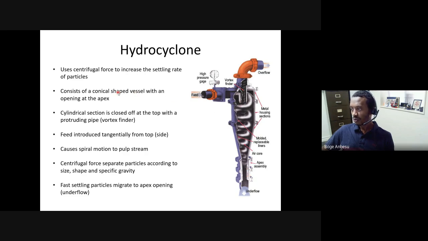Because you are also feeding this continuously, you would have solids exiting in the underflow stream here. So underflow usually contains coarse particles that have been dragged to the wall of the cyclone. And the fine particles, which have been dragged to the center of the cyclone, will eventually exit through what we call the vortex finder, which is pretty much an overflow containing fines and a large amount of water.